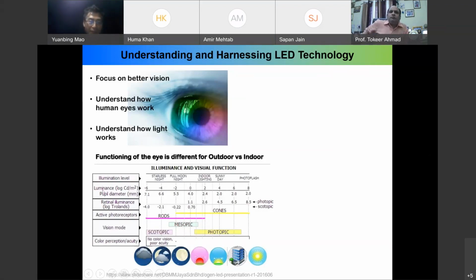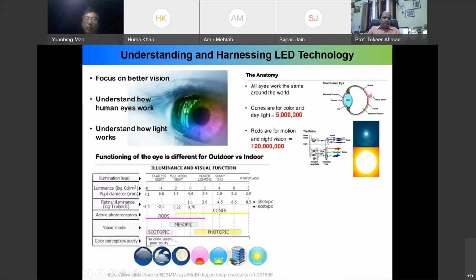Looking at the retinal luminance, the active photoreceptors and the vision mode, we will see that it's quite different. For example, the active photoreceptors at nighttime are the rods, and in the daytime they are the cones. Those are the receptors in our eyes.